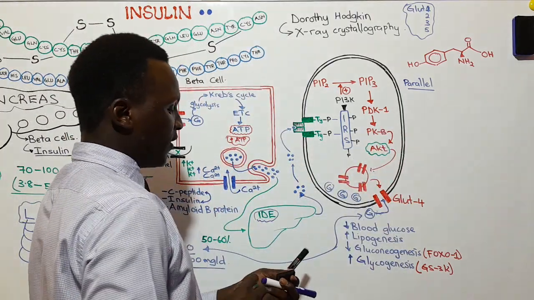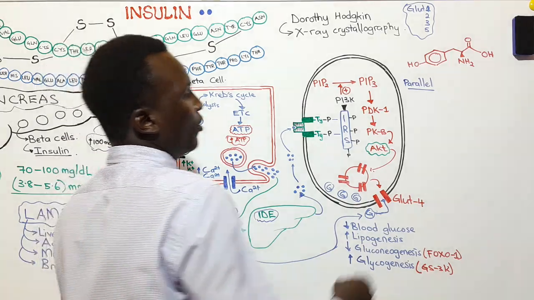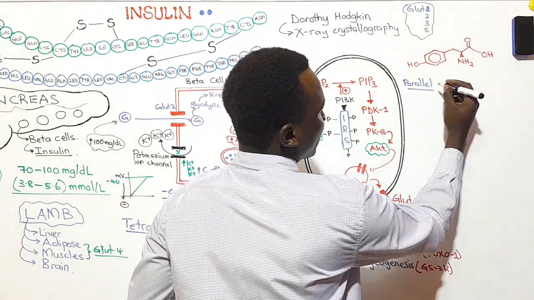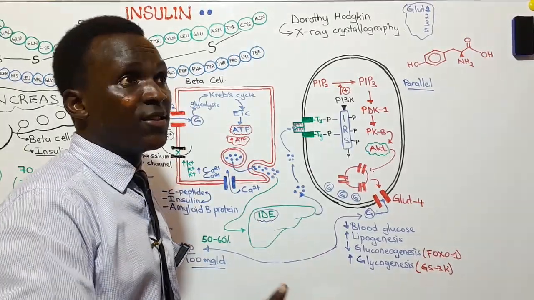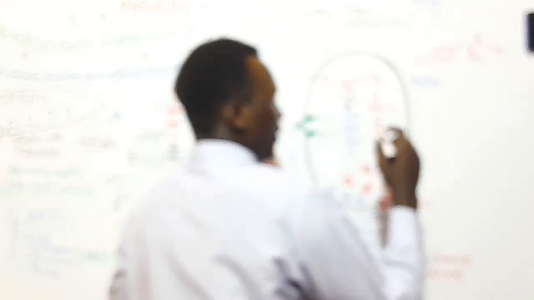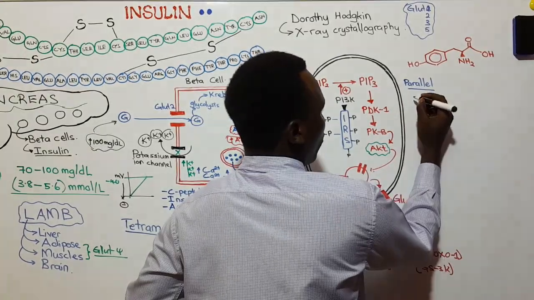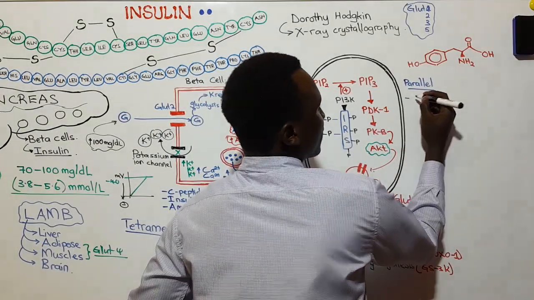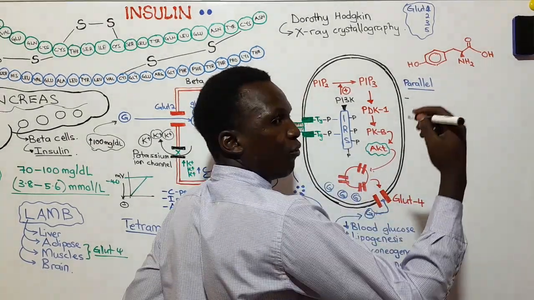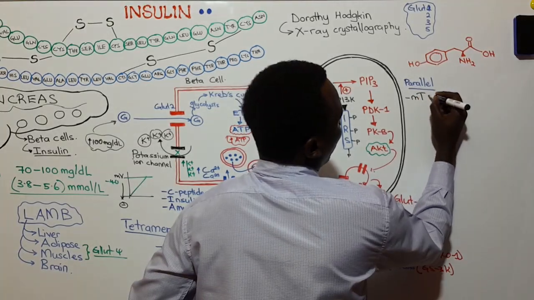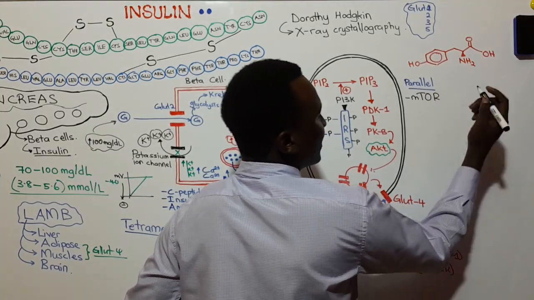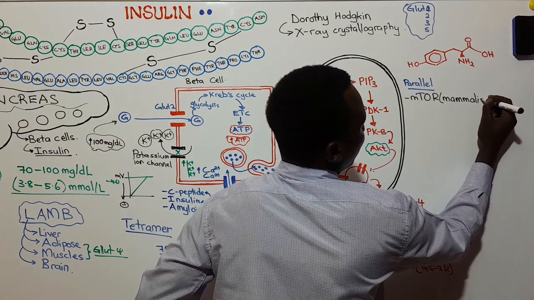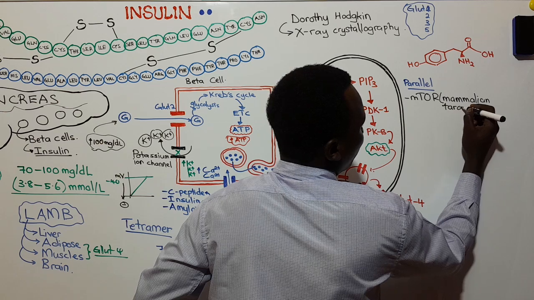Then we have parallel pathways, okay? As I earlier on tried telling you, with the parallel pathways, there are basically two, okay? But these ones basically lead to protein synthesis, cellular growth, gene expression in all ways. The parallel pathway comes off exactly from the AKT. With that, you'll find that we have the mammalian target of rapamycin, the mTOR, okay?